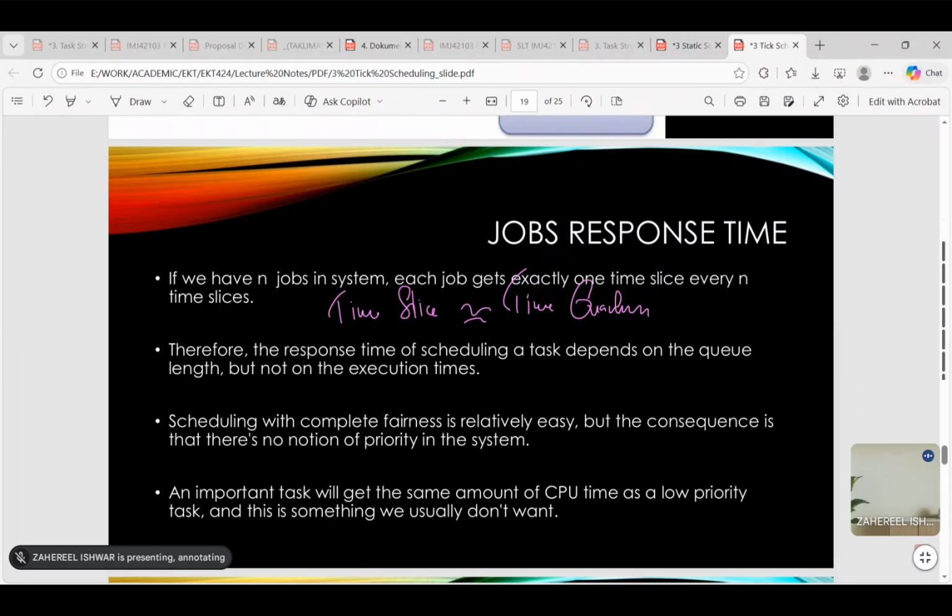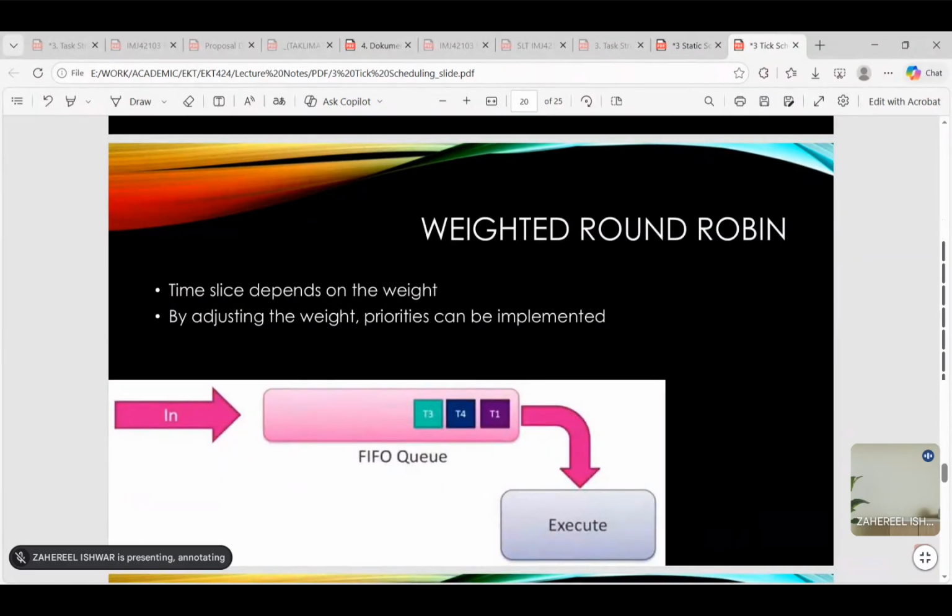Different from that, we also have weighted round robin. Weighted round robin is slightly different from round robin in a way that different jobs will get different time slices. Meaning the OS gives some priority to certain tasks. Tasks with higher priority will get higher weight, meaning higher time quantum.